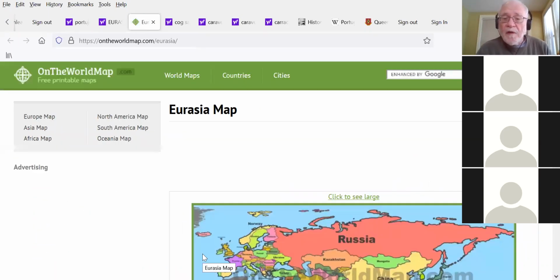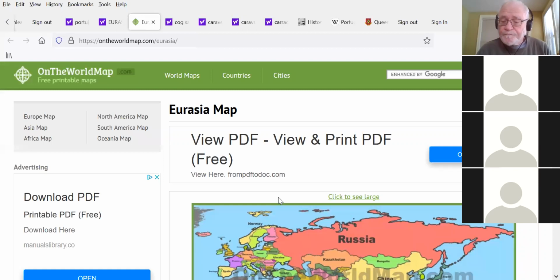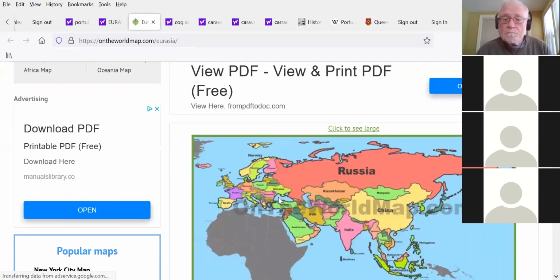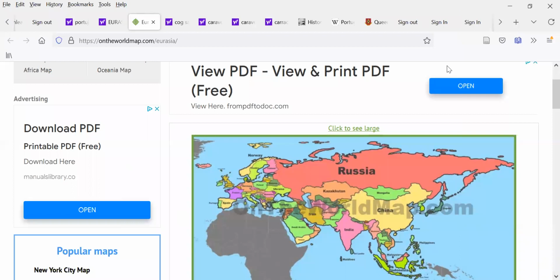Okay, here's a map of Eurasia. It's actually quite convenient. Of course, Africa's down here. This whole landmass is Eurasia, obviously, and you see there's China, there's India, there's Russia, and there's Europe here.